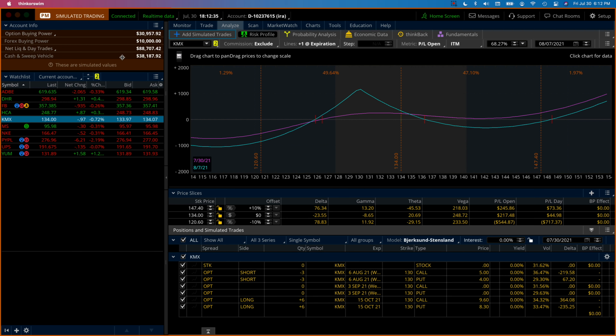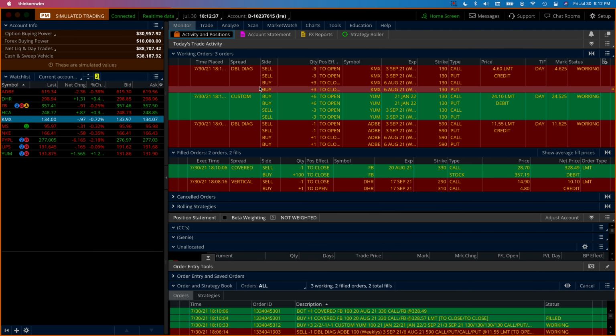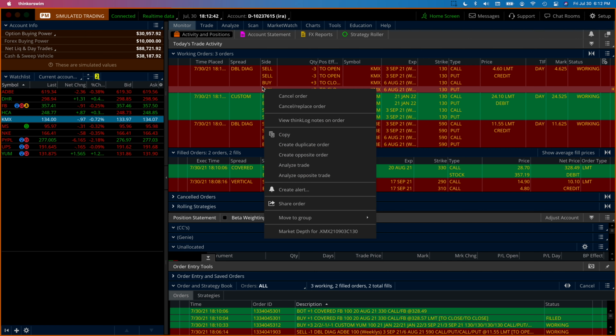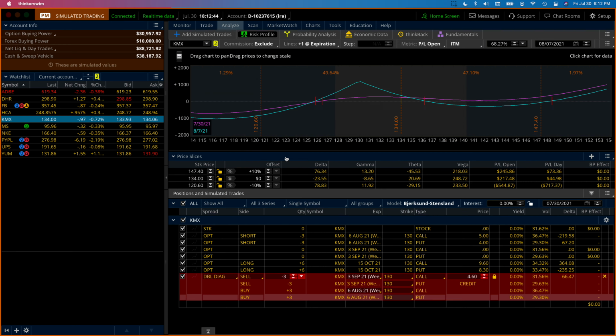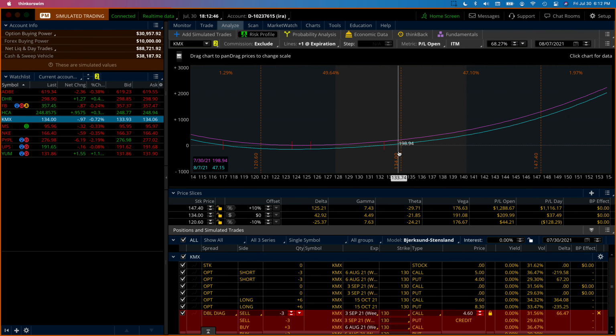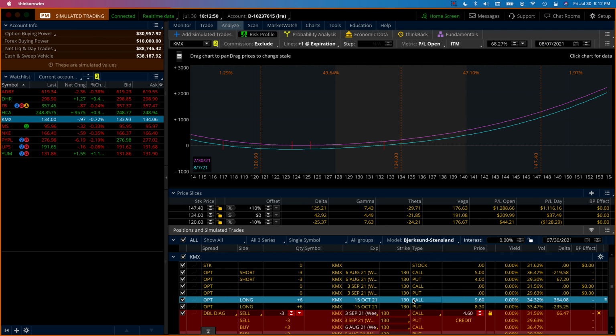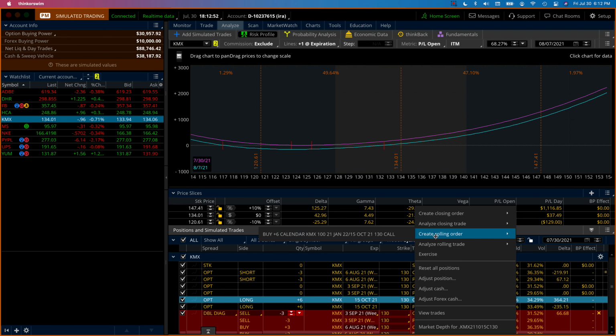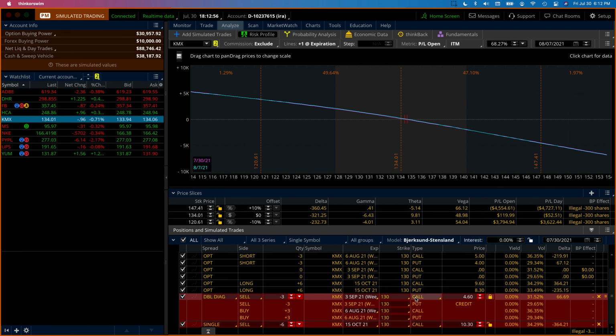And then if this option trade were to fill, it would look more like this. Then you say, oh, okay, I could sell one of my long calls, couldn't you? Analyze closing, just sell one, or you can roll it up, just sell one.